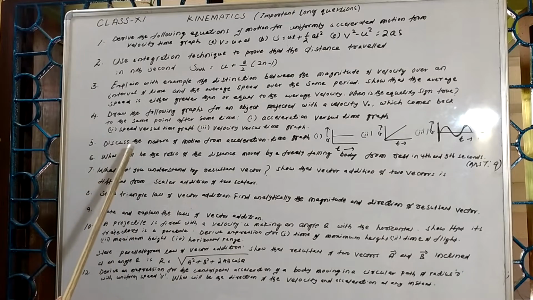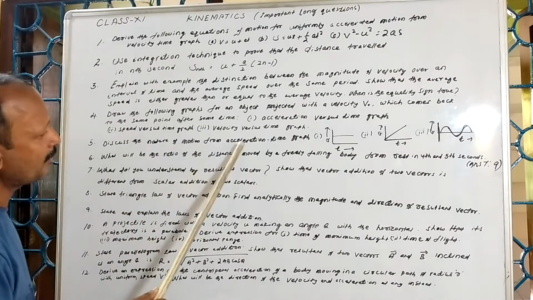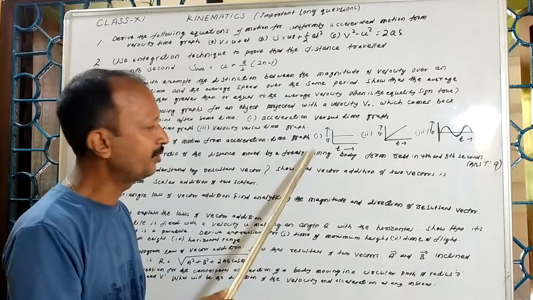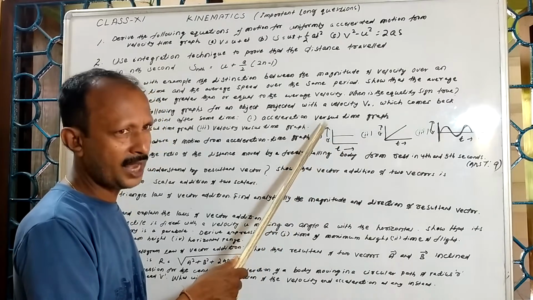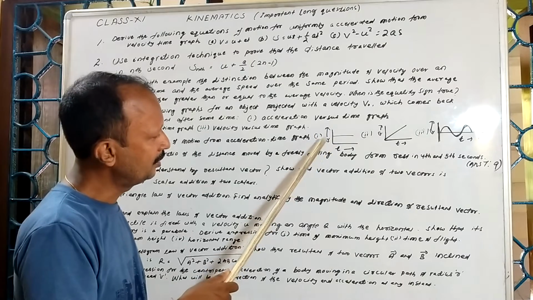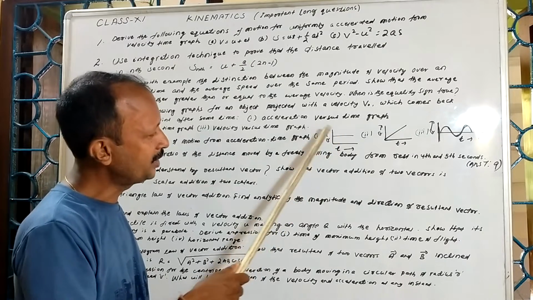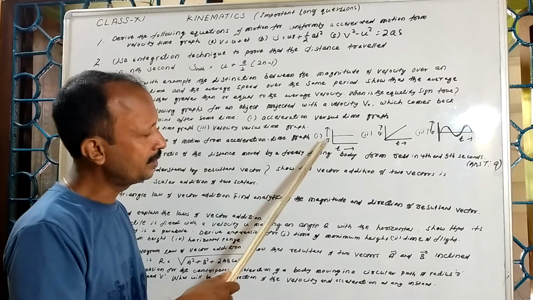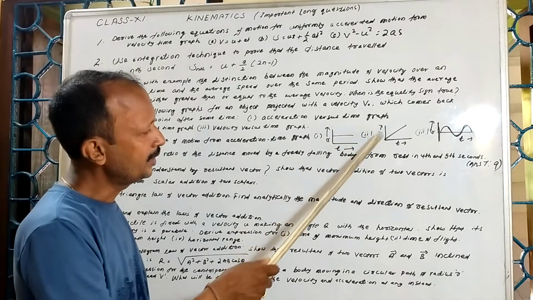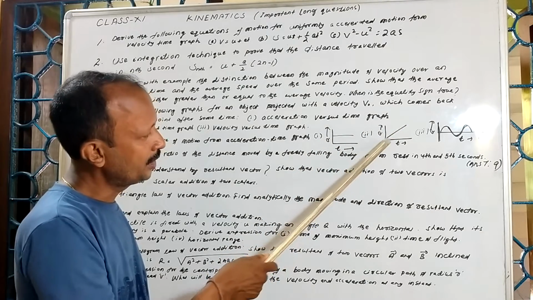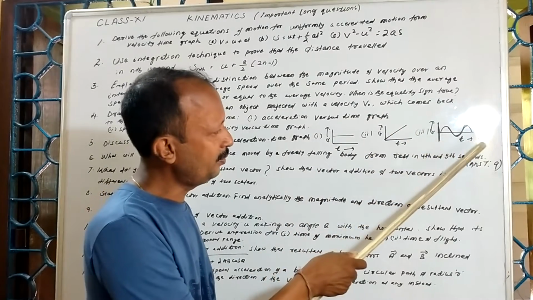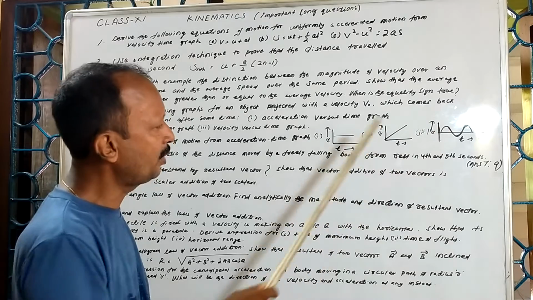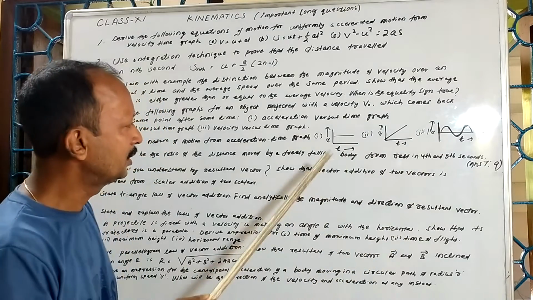Fifth question. Discuss the nature of motion from the acceleration time graph. In this graph, x-axis is time, y-axis is acceleration. That means it seems that the body is moving with a constant acceleration. Whether this is uniform acceleration or variable acceleration, from this graph you have to identify it.